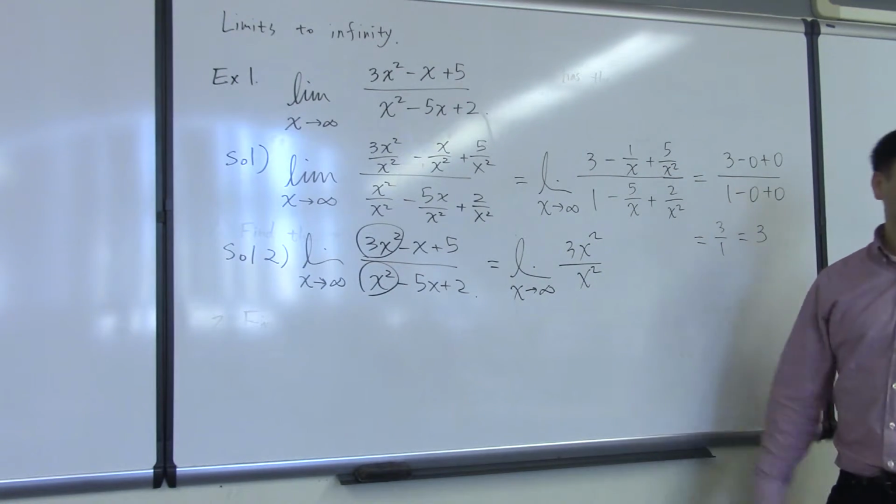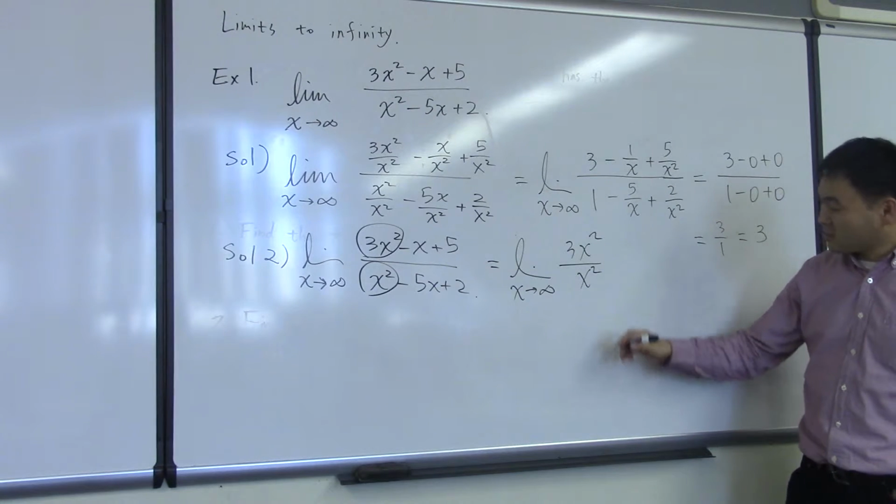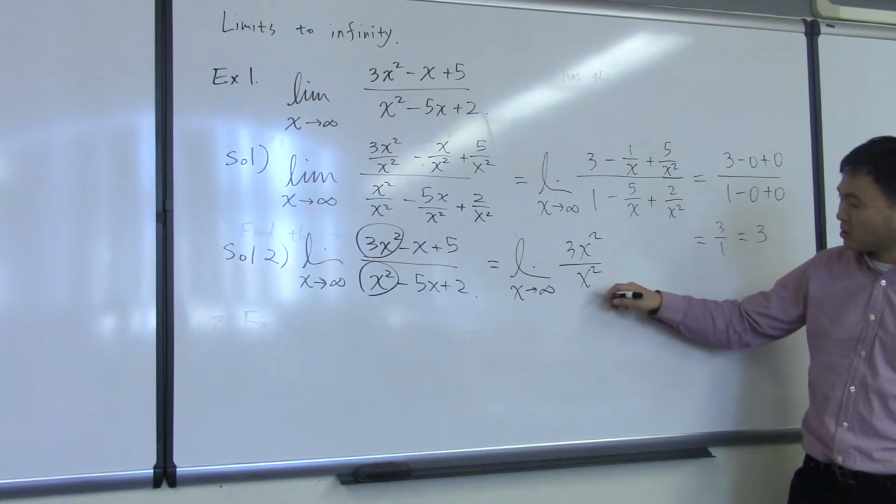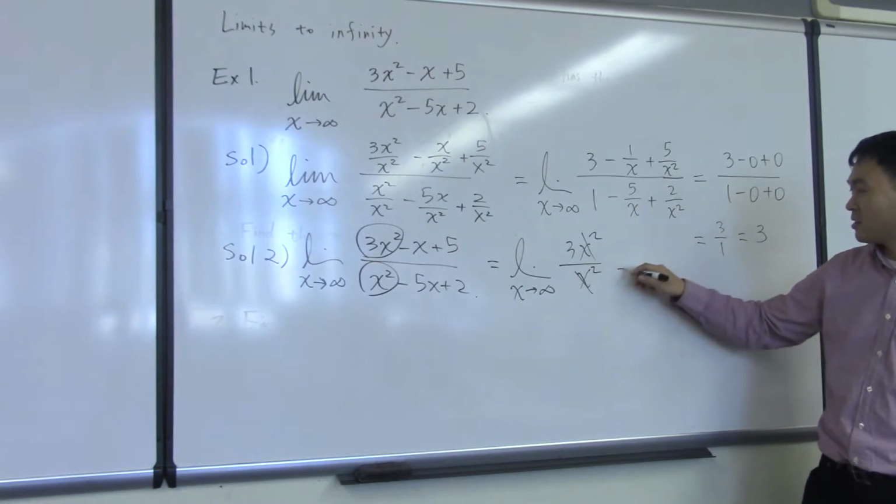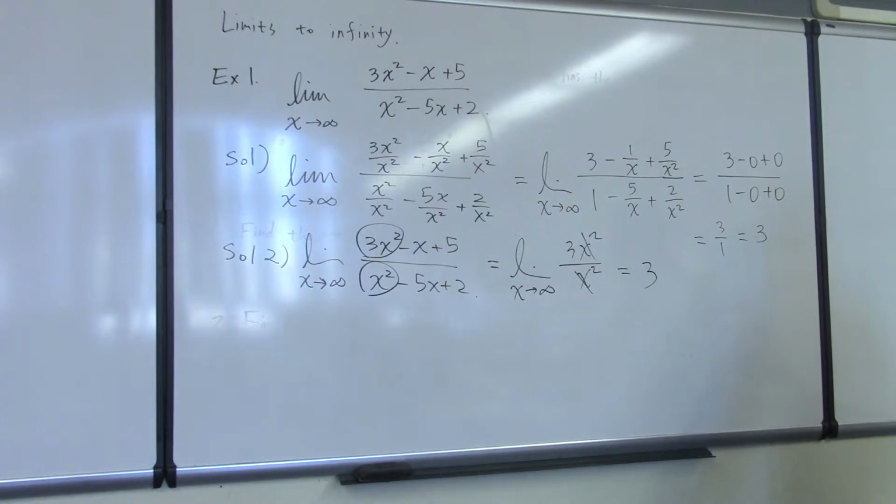Okay? And then once you ignore them, you can say, oh, this is 3x squared divided by x squared, so it's like 3. So that's another way to think about this answer.